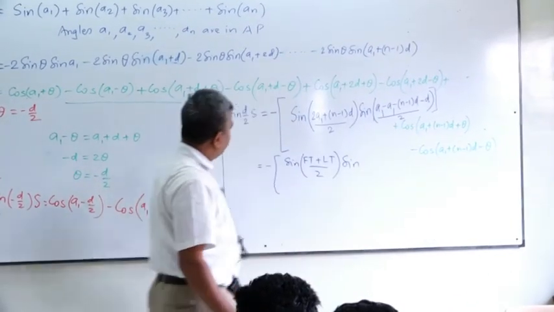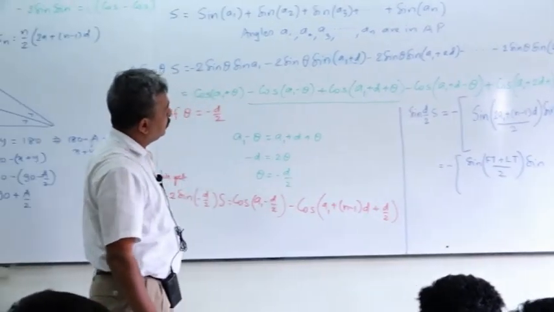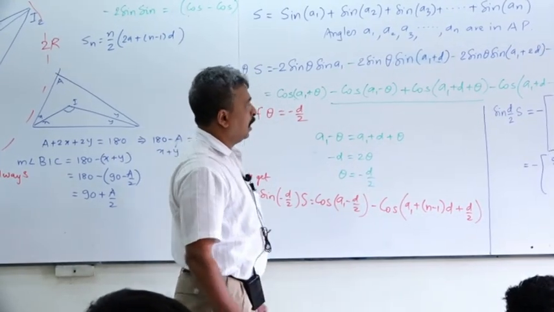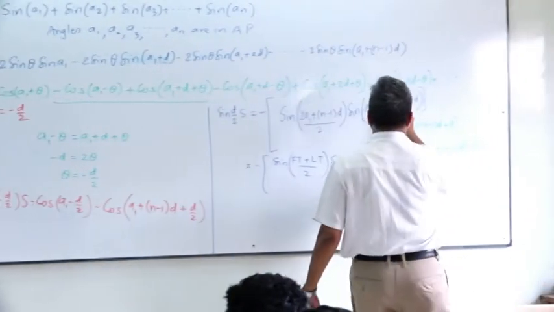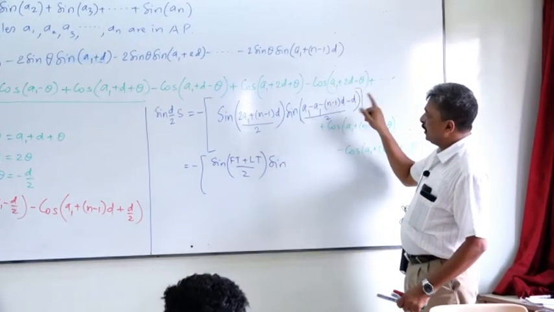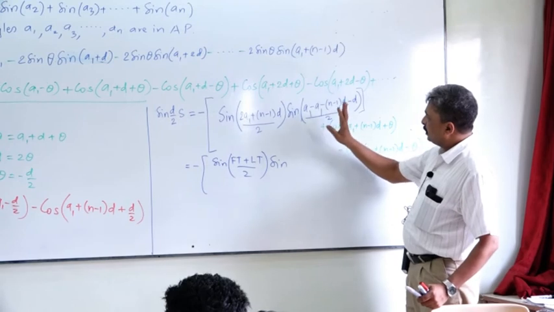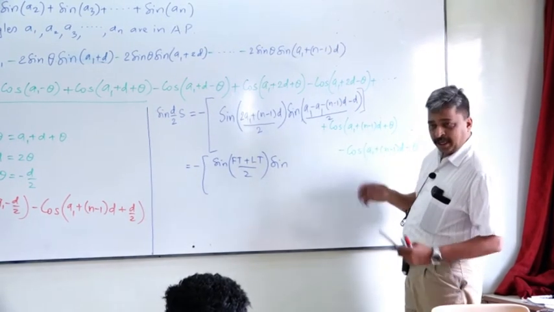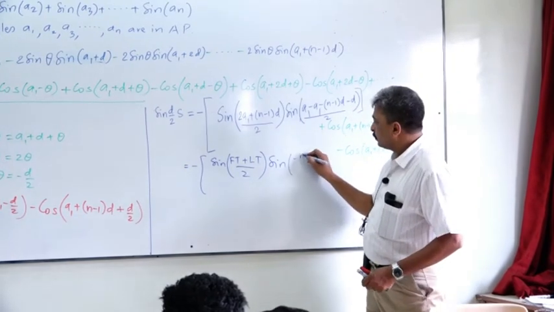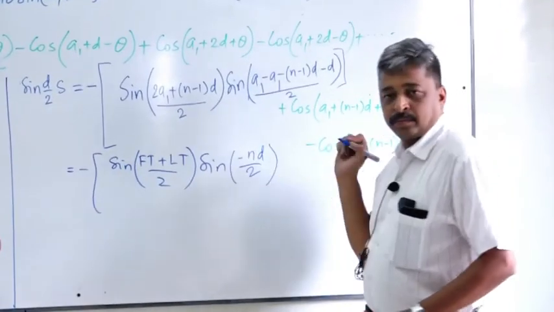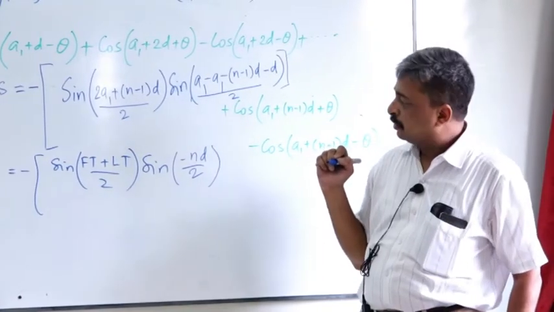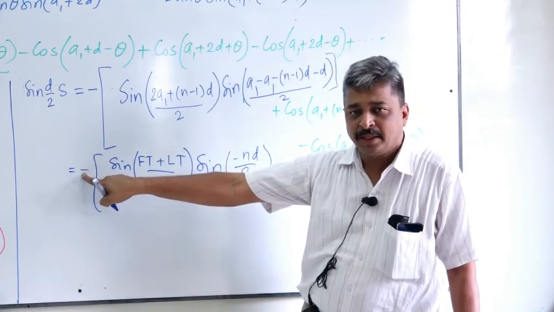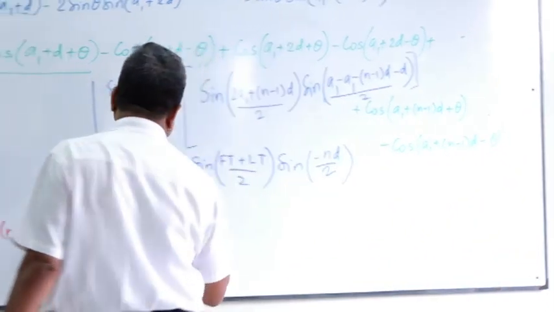Did I make a mistake? Yes, minus nd and plus d, so a1 is gone, d is also gone. So nd by 2 came, minus nd by 2 came. Oh, is it correct? And this minus, if I take out, then it will eat up this minus sign. Therefore, what is the final S that you are getting?